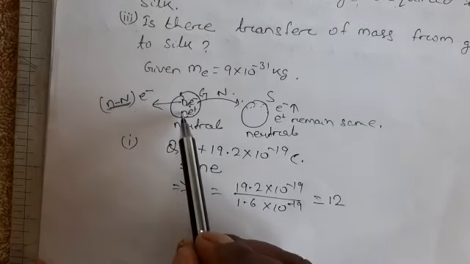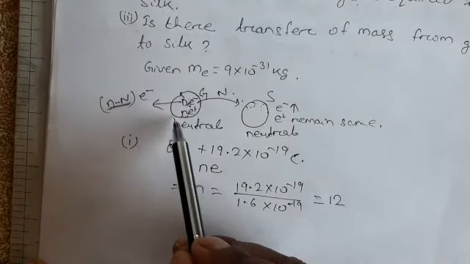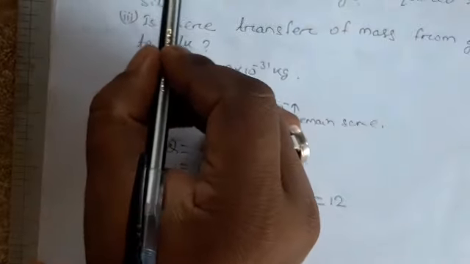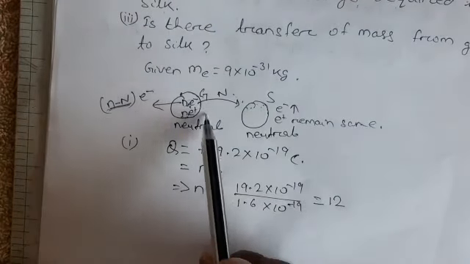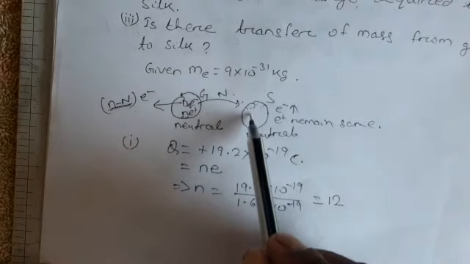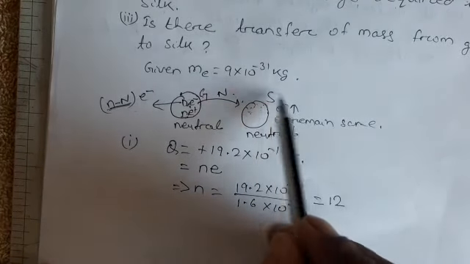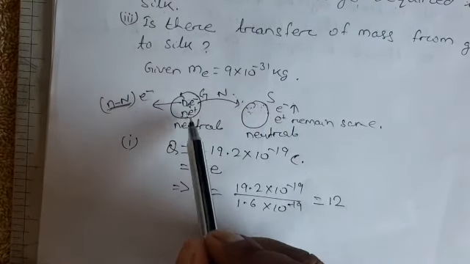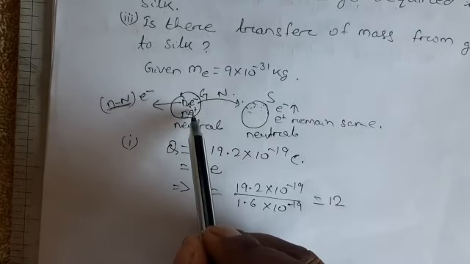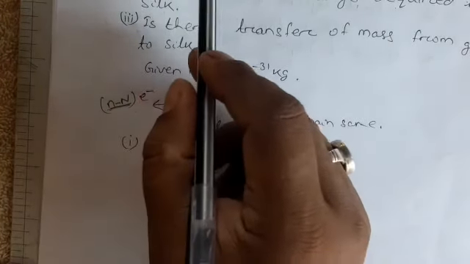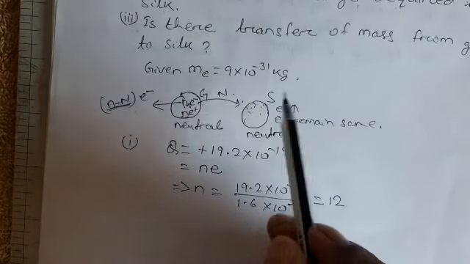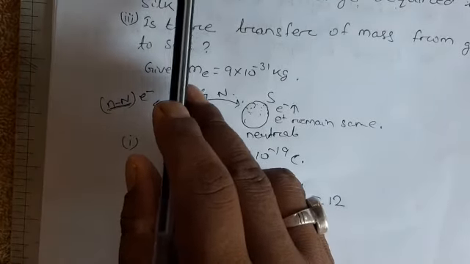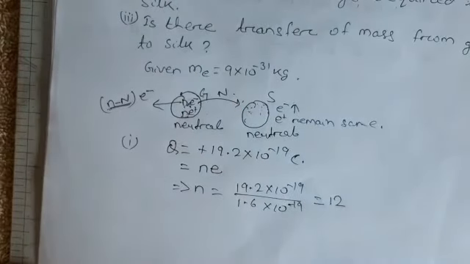So whatever positive charge is acquired by one body, given as 19.2 × 10^-19 coulomb, that much negative charge is acquired by the other body. Means if the glass acquires 19.2 × 10^-19 coulomb of positive charge, definitely the silk will acquire minus 19.2 × 10^-19 coulomb of negative charge.